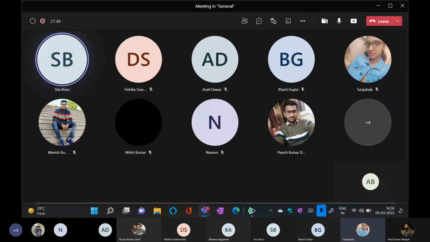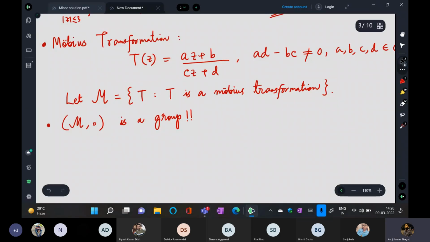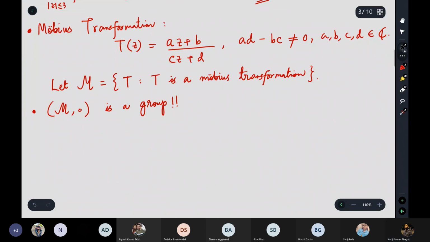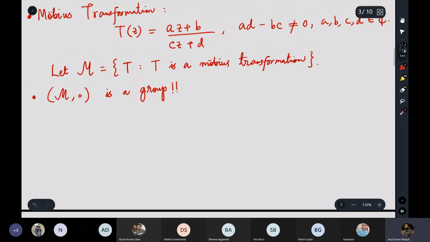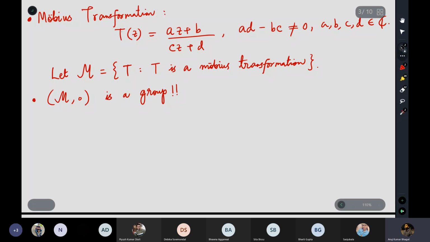Composition. Closed under composition, right. So the first thing I have to prove is that this set M is closed under composition. This is a very calculative job, but anyways I'll do it and you can also try by yourself. It's easy but a bit calculative.